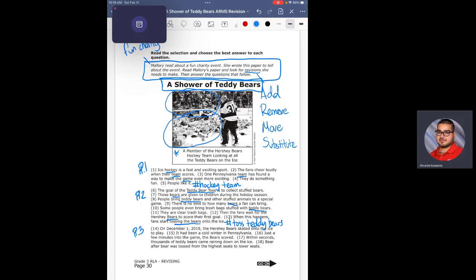It tells us the name of the team. They skated onto the ice to play. And when they scored, the fans showered the players on the ice with teddy bears. So we can chunk this paragraph in 2 or 3 words and say they tossed, we can even put tossed teddy bears again, but let's say they scored. When they scored, they tossed bears.